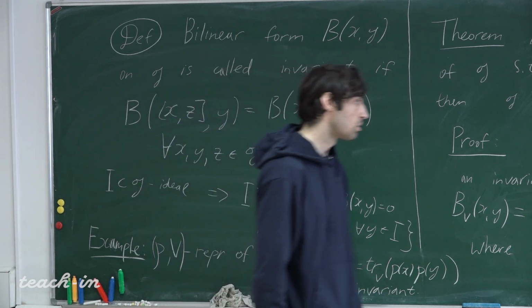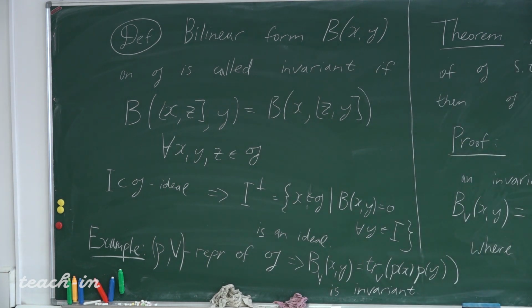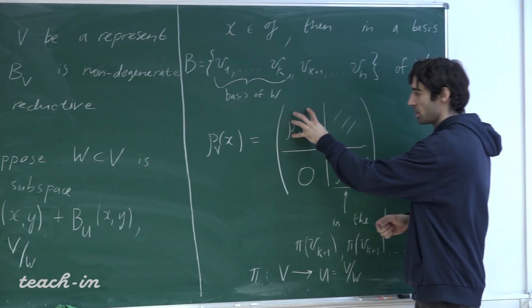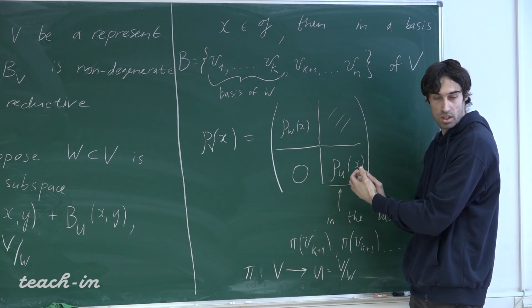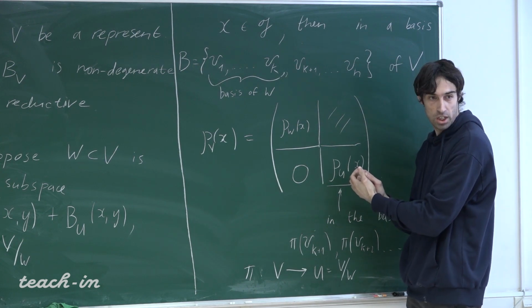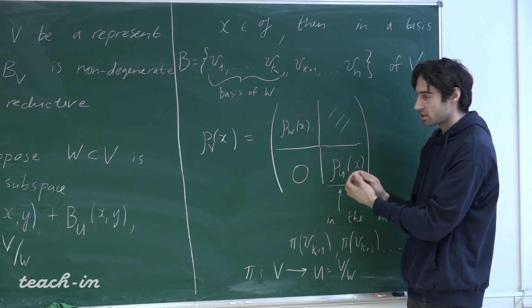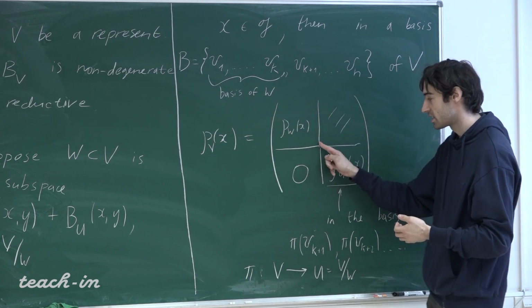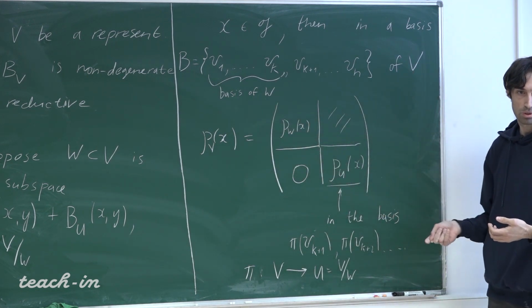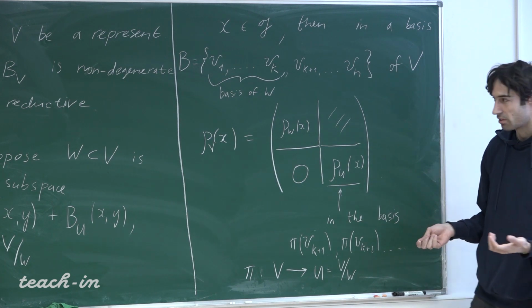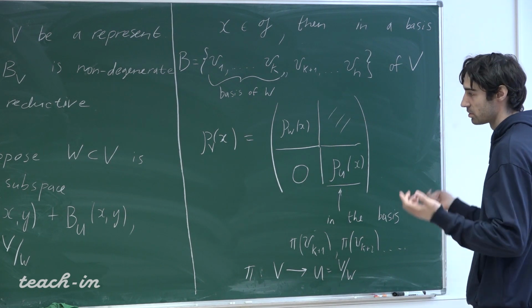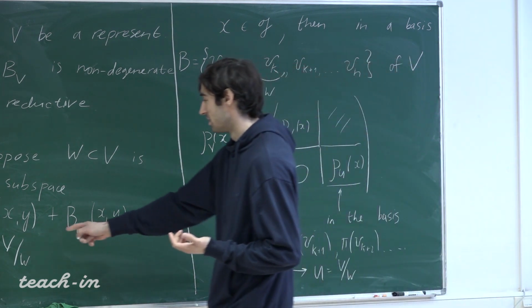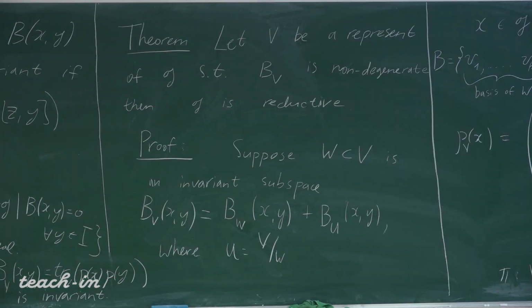I take one matrix of this form, another matrix of this form, and multiply. What stays in these blocks multiplies within its block, and then I take the trace. This is the trace of this block plus the trace of what's going on here. So I explained why this is true.